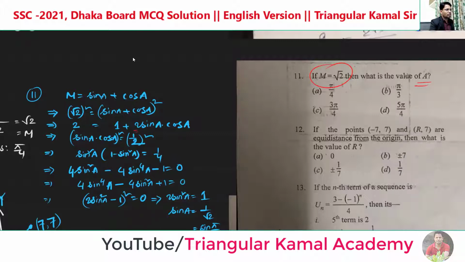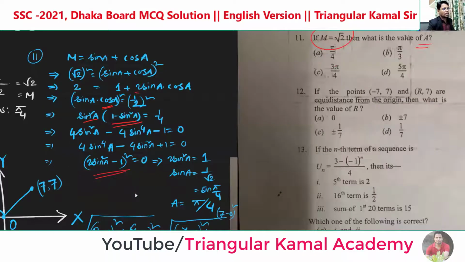Then sin squared plus cos squared, and cos squared is converted into sine. Doing the simplification, there is the formula (a minus b) whole square. So now 2 sin squared equals 1, and sin a equals 1/√2, which means a equals pi/4. And this is the traditional method.